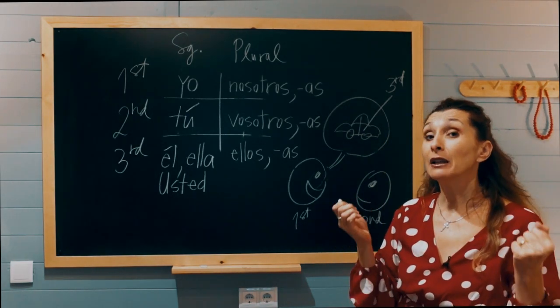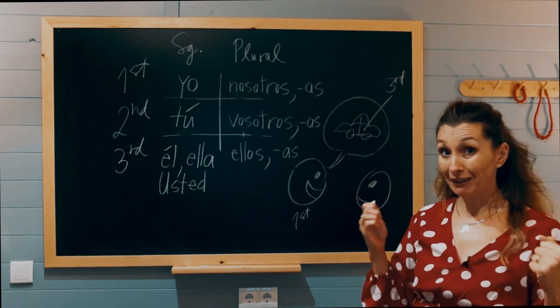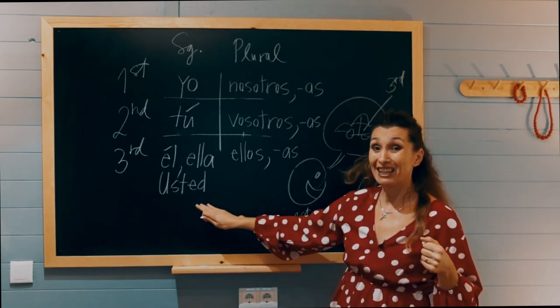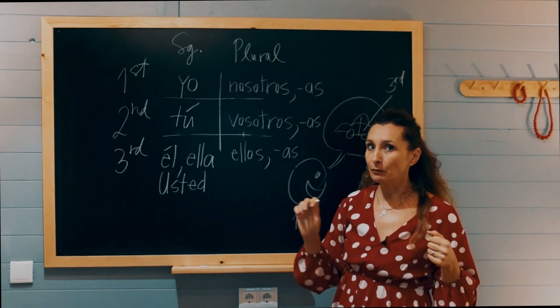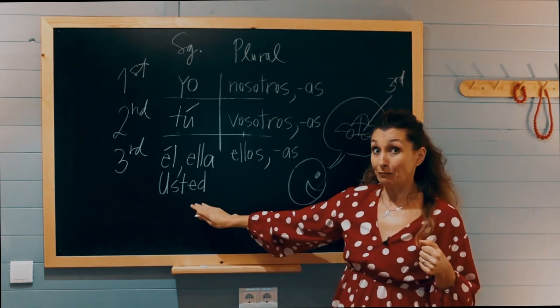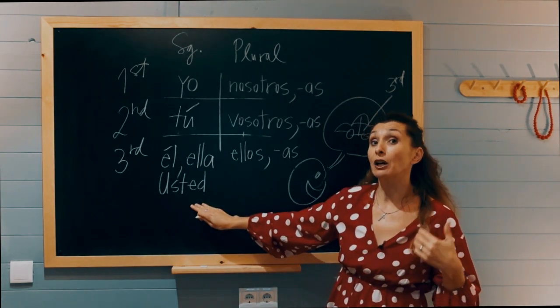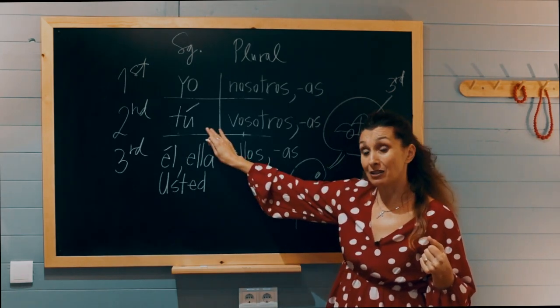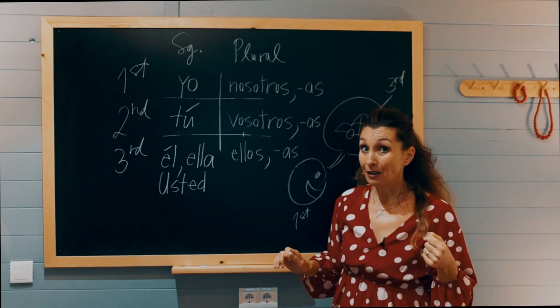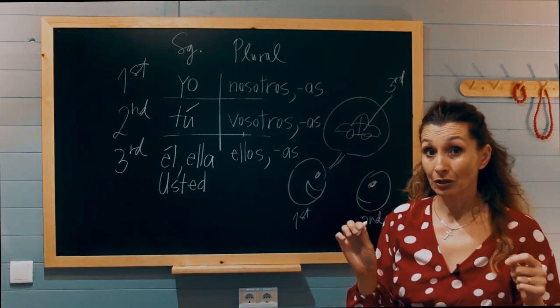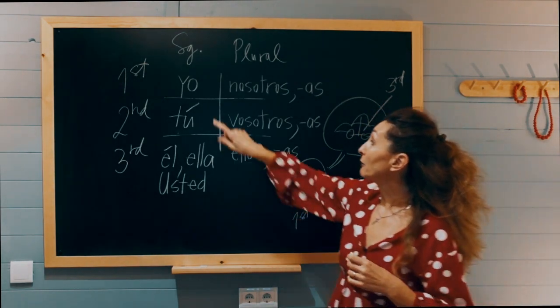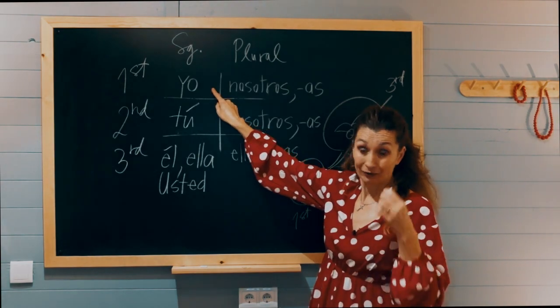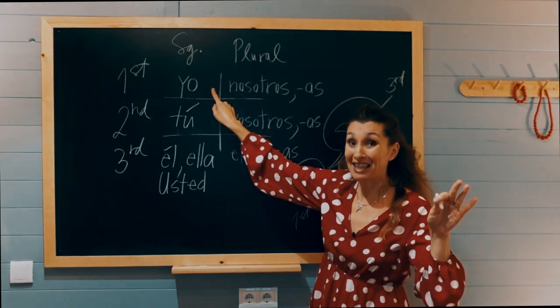And the verb will also reflect, even if you don't say usted, the verb will say if you are addressing them as usted or as tú. Why? Because in Spanish, there will be a different form of the same verb in the same tense.